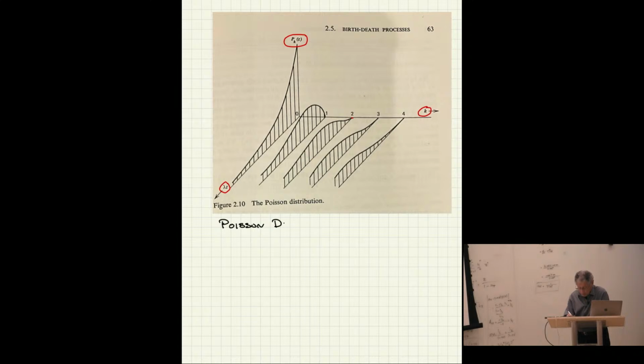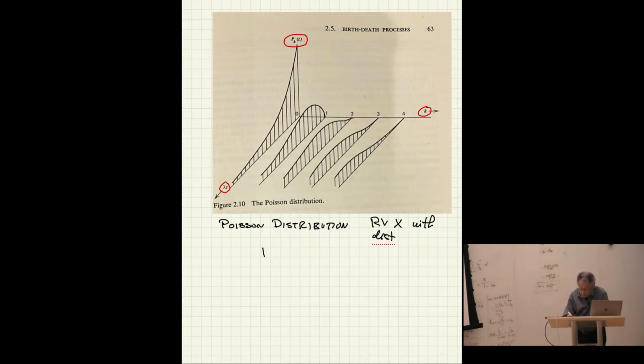The Poisson distribution, of course related to this, describes a random variable x whose distribution is as follows.